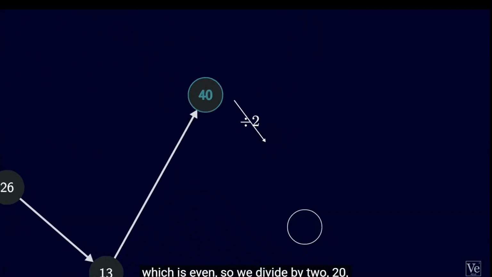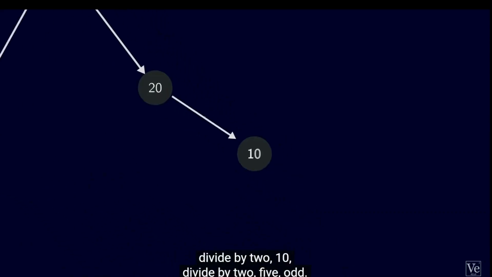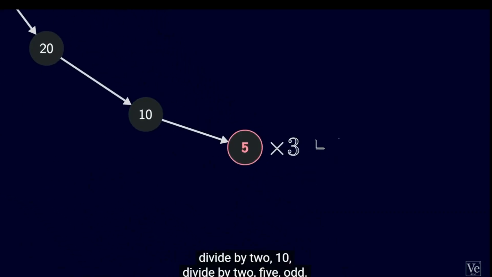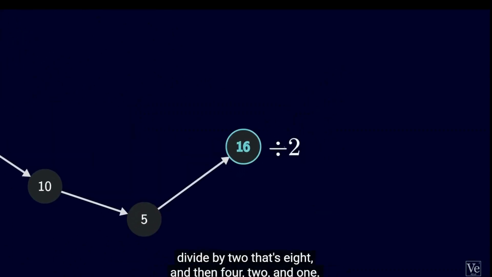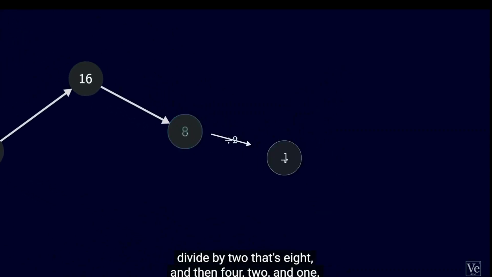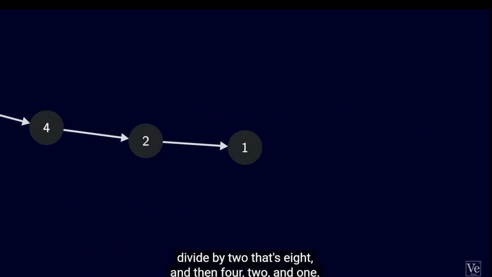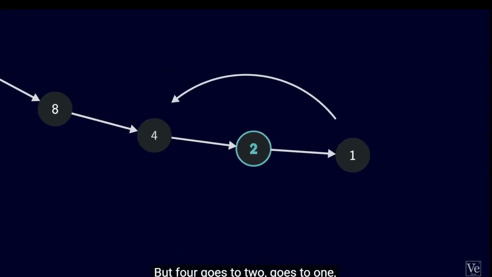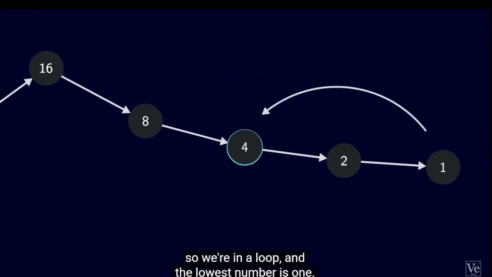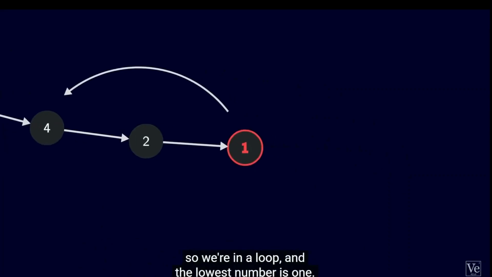So we divide by 2, 20, divide by 2, 10, divide by 2, 5. Odd. Multiply by 3, 15, add 1, 16, divide by 2, that's 8, and then 4, 2, and 1. Now 1 is odd, so we multiply by 3 and add 1, which equals 4. But 4 goes to 2 goes to 1, so we're in a loop, and the lowest number is 1.